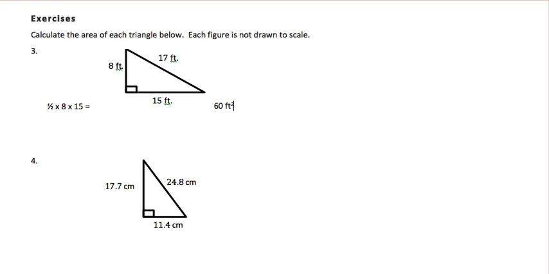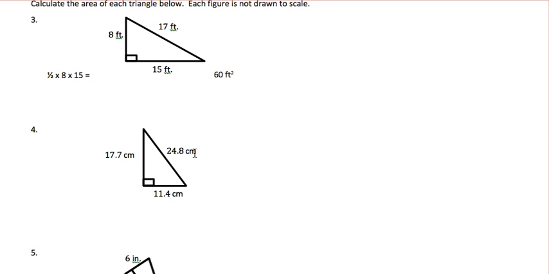And remember, just like with a parallelogram or any other figure, when you're finding area, the area is in units squared. You do not put the squaring on the number, only on the units. Number 4 has some decimals in it.